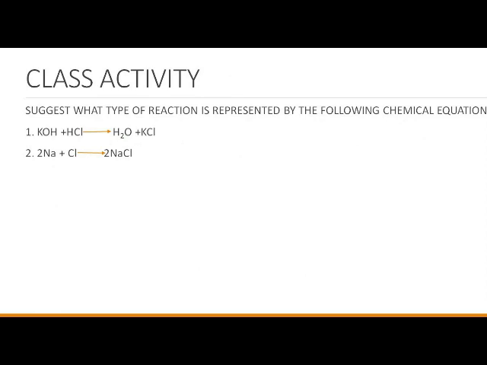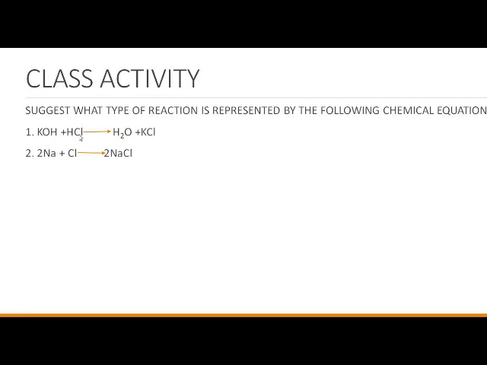Now, finally, let's look at this class activity, examinable questions that you might see in your final year exams. Suggest what type of reaction is represented by the following chemical equations. If you look at equation number 1, this is actually a base, an alkali, reacting with an acid.